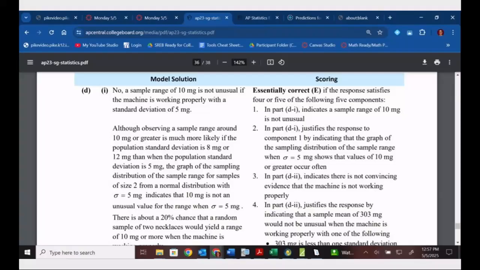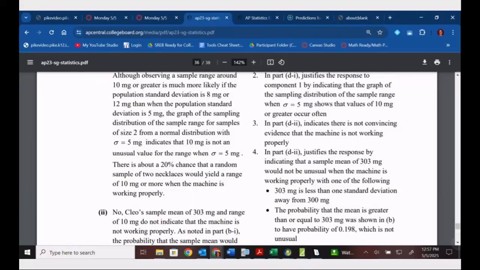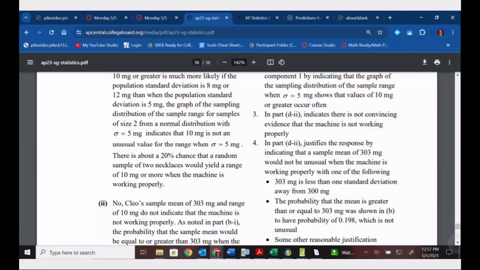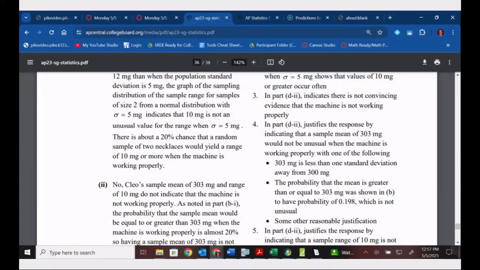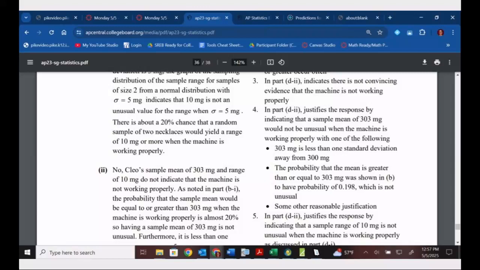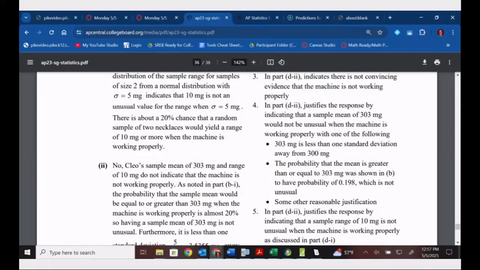In part DII indicates that there is not convincing evidence that the machine is not working properly. In part DII, justifies the response by indicating that a sample mean of 303 would not be unusual when the machine is working properly, with one of the following. 303 milligrams is less than 1 standard deviation away from 300, or the probability that the mean is greater than or equal to 303 was shown in part B to have a probability of 0.198, which is not unusual, or some other reasonable justification.